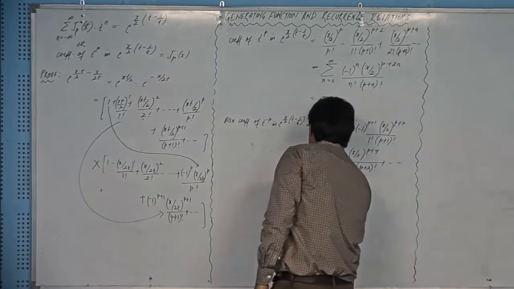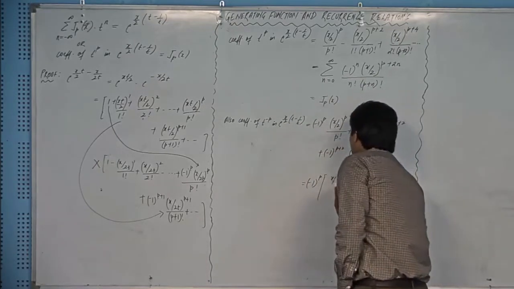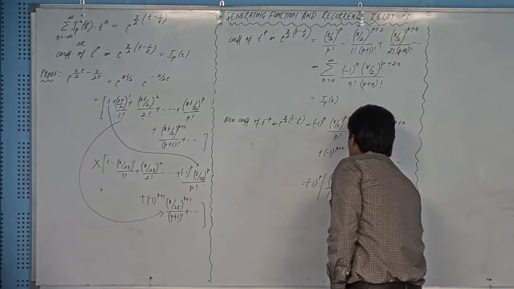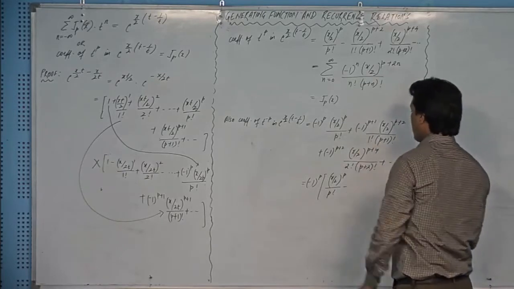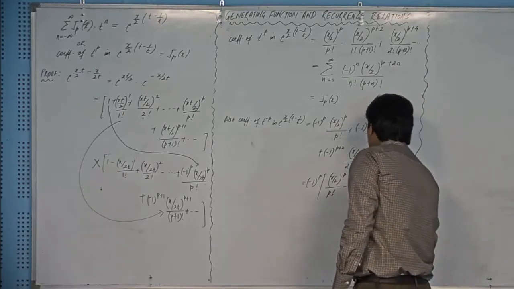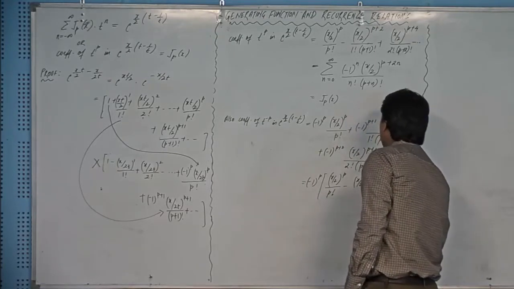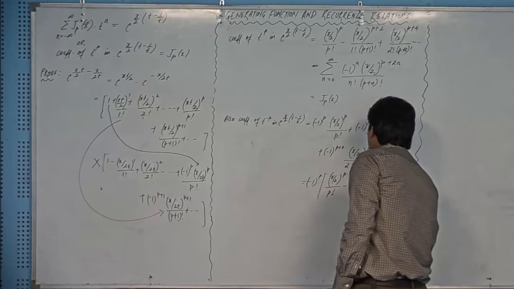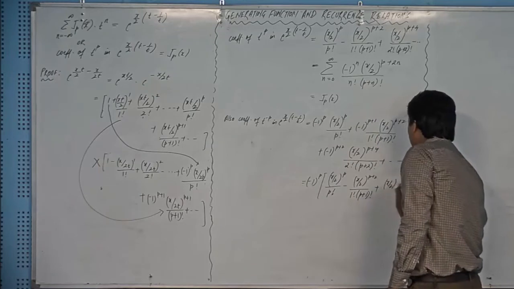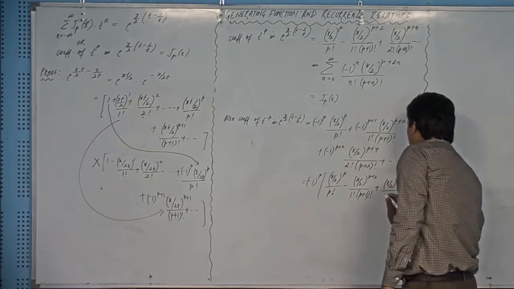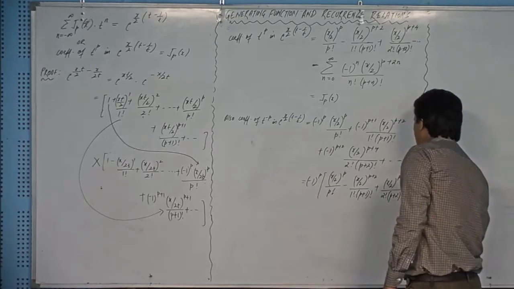So I will write minus 1 to the power p taken common, and inside the bracket you will have (x/2) to the power p over p factorial, minus, because minus 1 to the power p has been taken common, (x/2) to the power p plus 2 divided by 1 factorial and (p plus 1) factorial, plus (x/2) to the power p plus 4 divided by 2 factorial and (p plus 2) factorial, and so on, right?